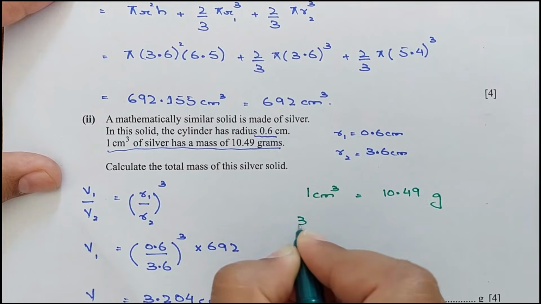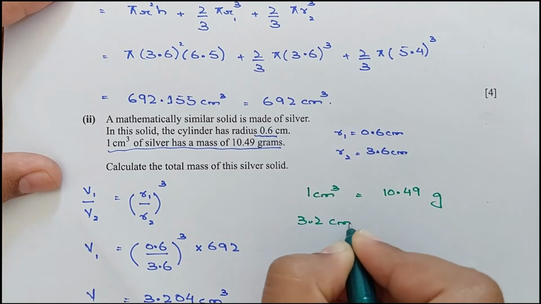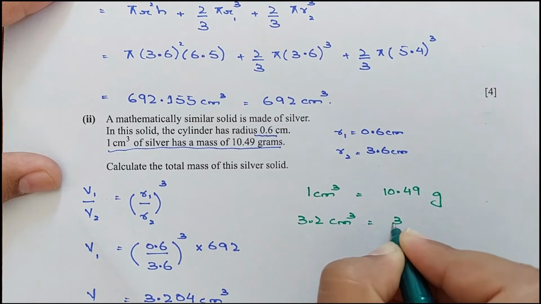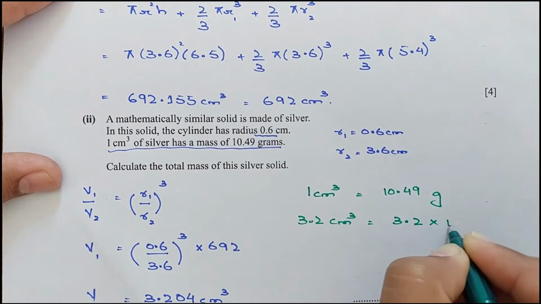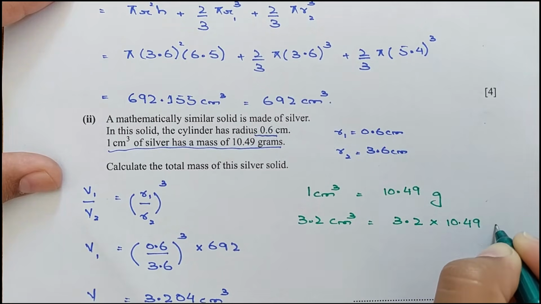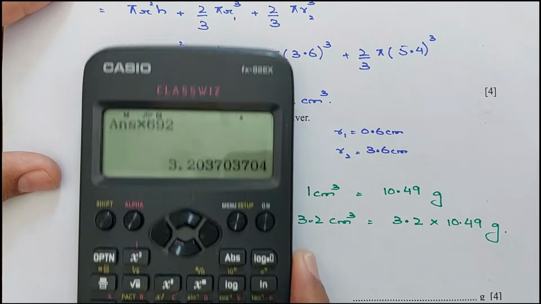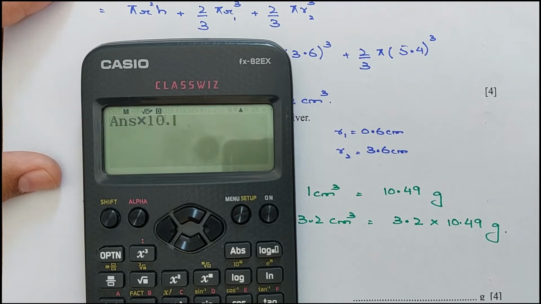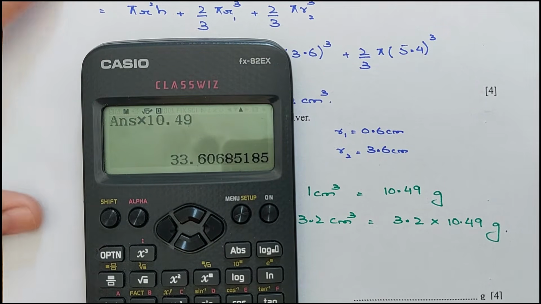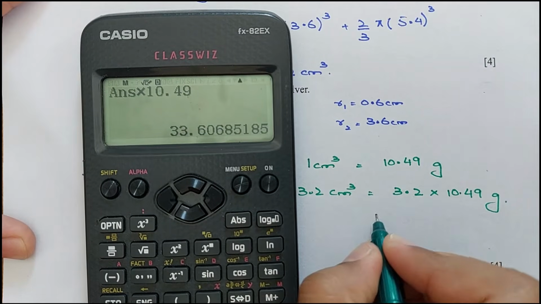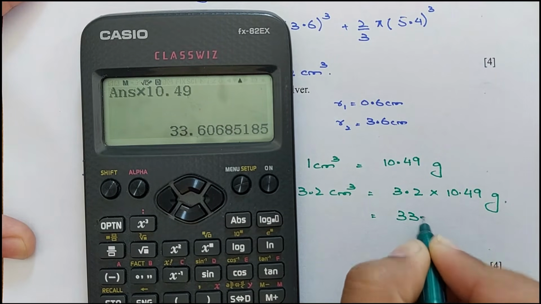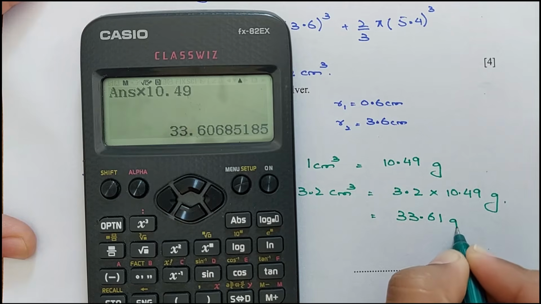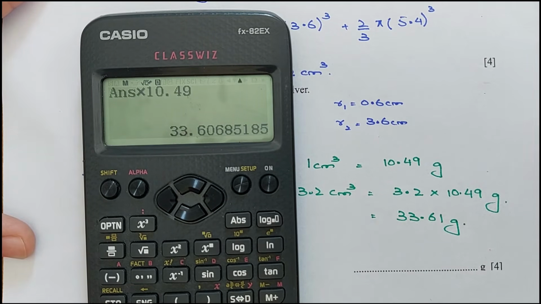So what about 3.2 centimeter cubed? 3.2 times 10.49 is going to be 33.61 grams, or we can say 33.6.